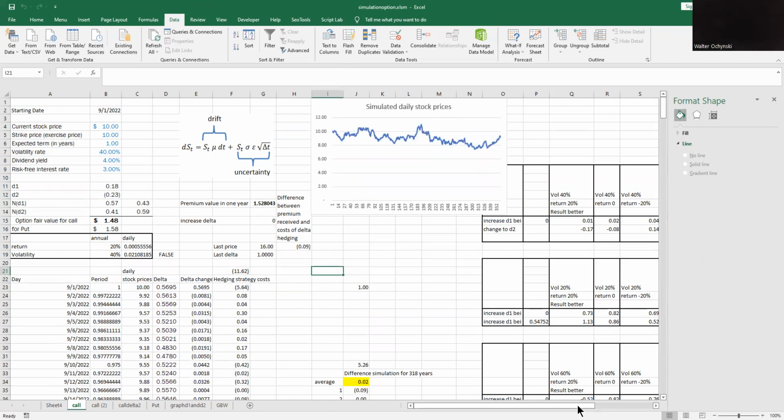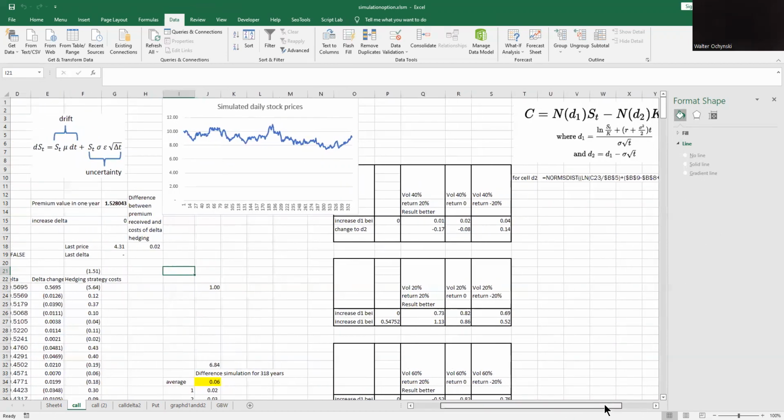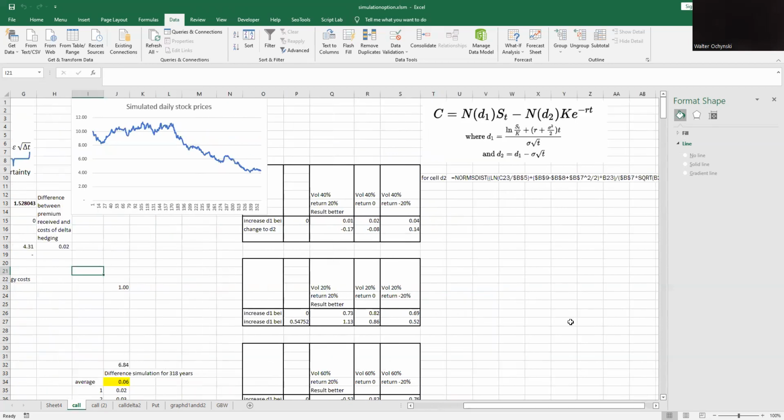I did a couple of calculations which I would like to share with you, and this is a big advantage if we can simulate something. With simulation, we can get a better understanding of the model and how good the model is.